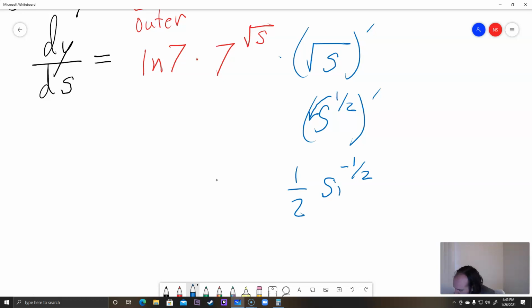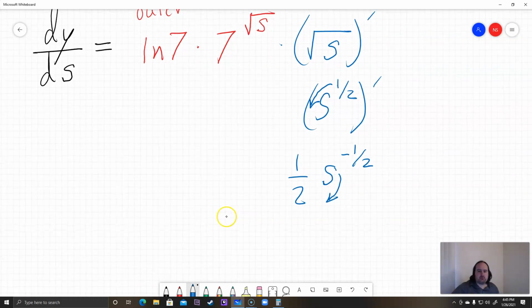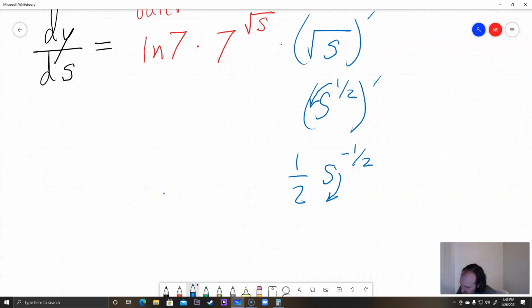So we move the s to the negative 1/2 to the denominator, and it becomes 1 over 2 s to the positive 1/2. But s to the 1/2 is just the square root of s. So we get 1 over 2 times the square root of s.